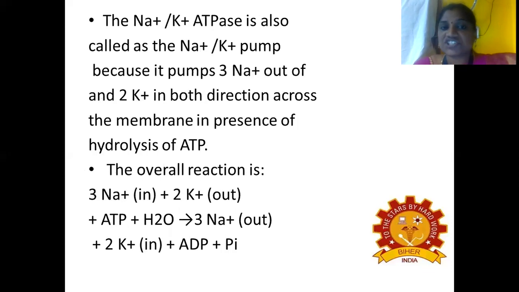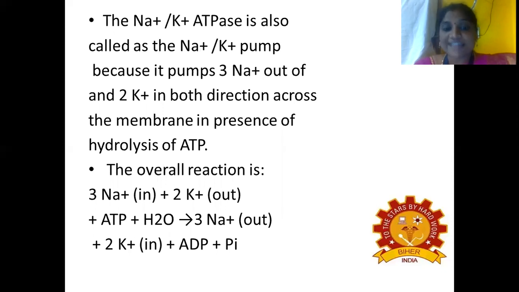The sodium potassium ATPase is also called the sodium potassium pump because its main function is to pump 3 sodium ions out and 2 potassium ions in, in both directions across the membrane, in the presence of ATP hydrolysis. It is active transport, so it requires ATP energy.